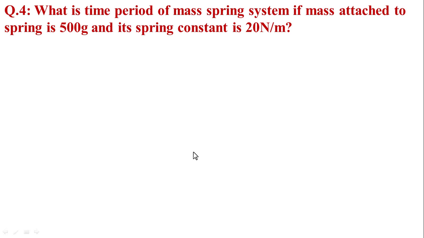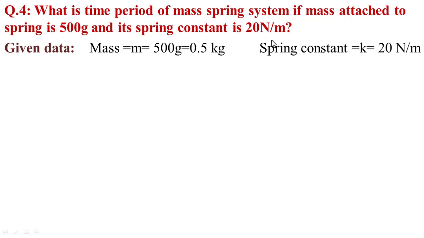Similarly, in the last question, what is the time period of a mass spring system if the mass attached to the spring is 500 grams and its spring constant is 20 Newton per meter? So, first of all, write the given data.